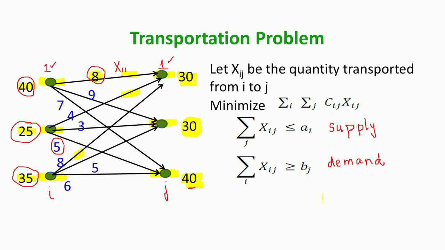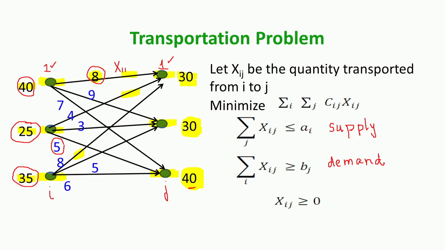And the third constraint will be x13 plus x23 plus x33 greater than or equal to 40. So there are 3 demand constraints. And then we have the non-negativity restriction xij greater than or equal to 0.